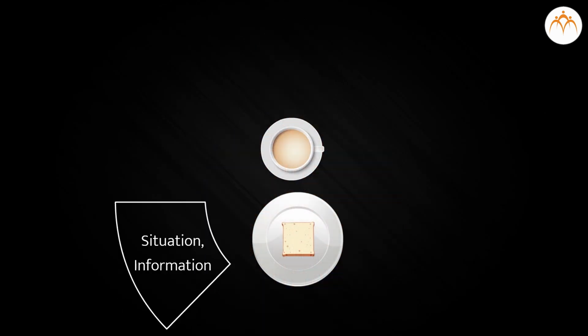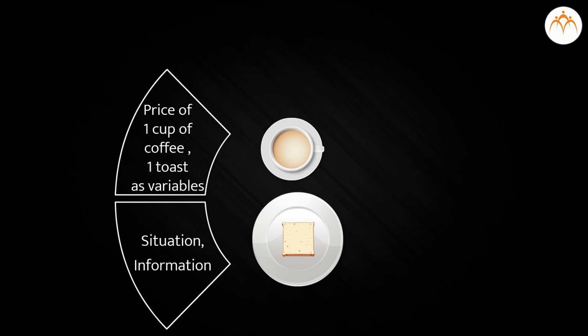We solved this real-life example by setting it up as simultaneous equations. Now for this, we first understood the situation and we expressed the given information correctly. We took the price of one cup of coffee and the price of one toast as variables.